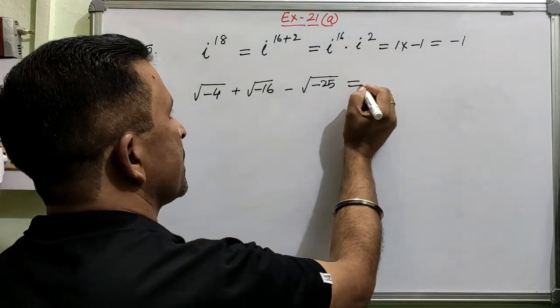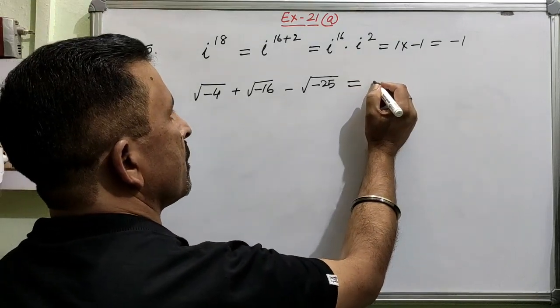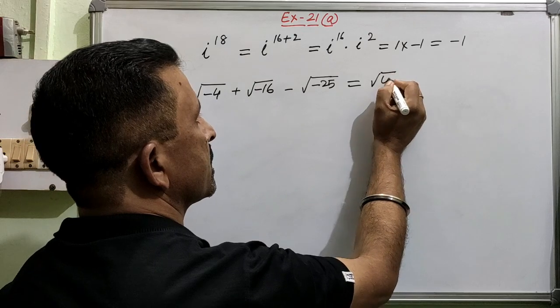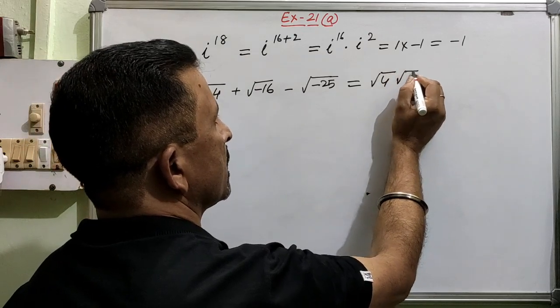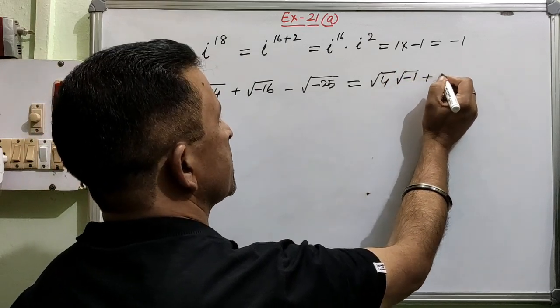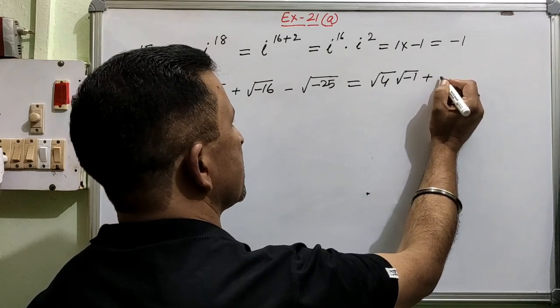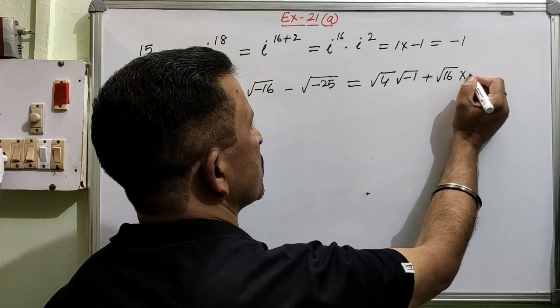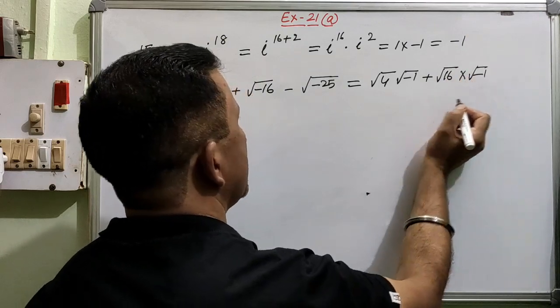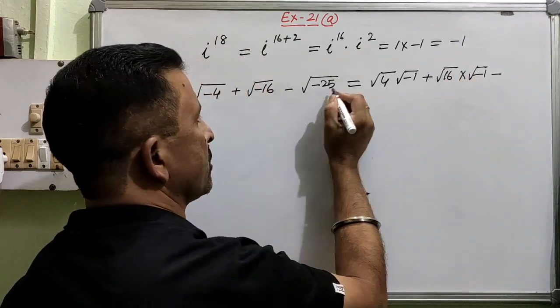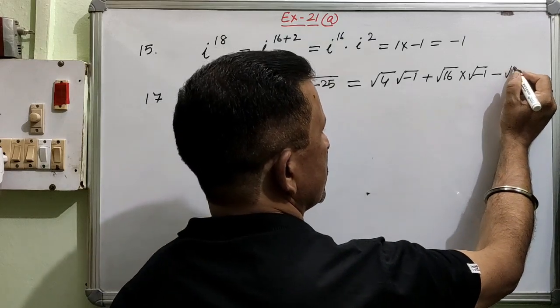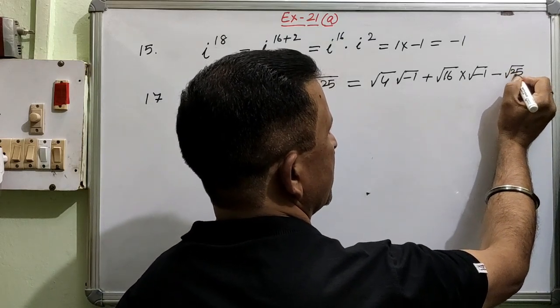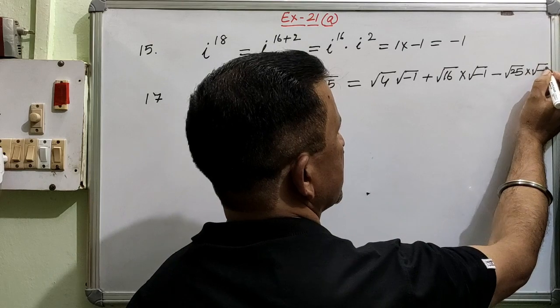As a result, negative 4 we can write as root of 4 times root over negative 1. Similarly, root of negative 16 we can write as root over 16 times root over negative 1. And then minus sign, and we can do the same thing with negative 25. Negative 25 can be written as root of 25 times root of minus 1.